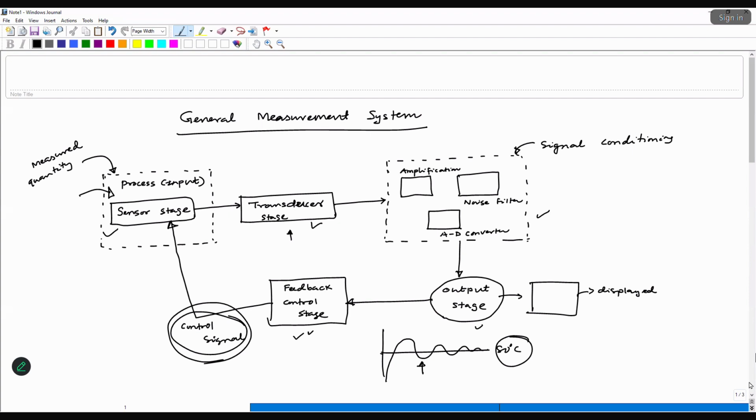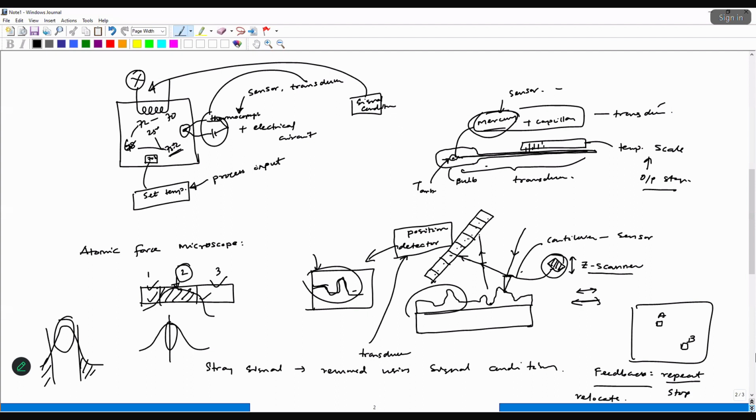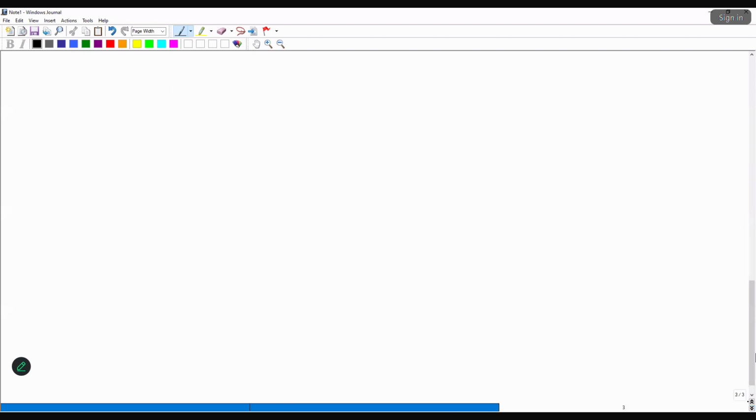Okay, so there are a few things that I want to discuss, which are relevant to measurement. One is you need to have an experimental test plan.